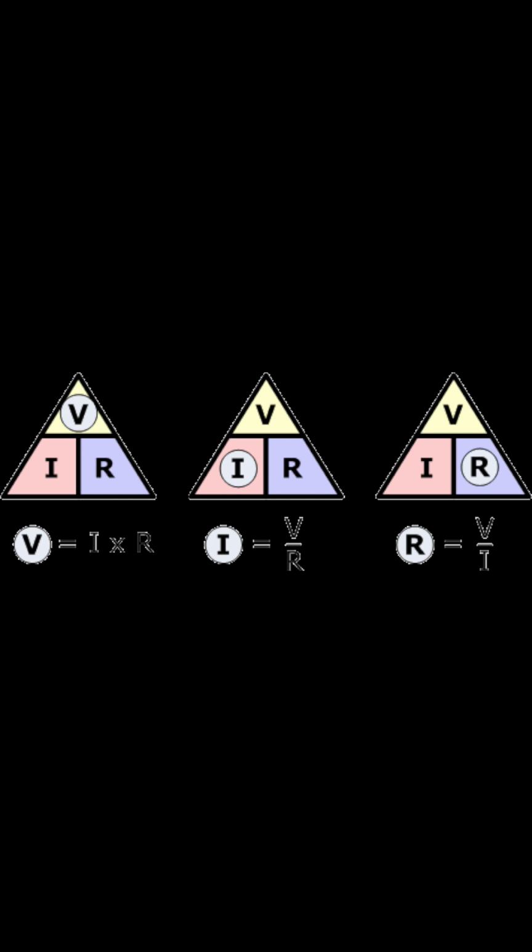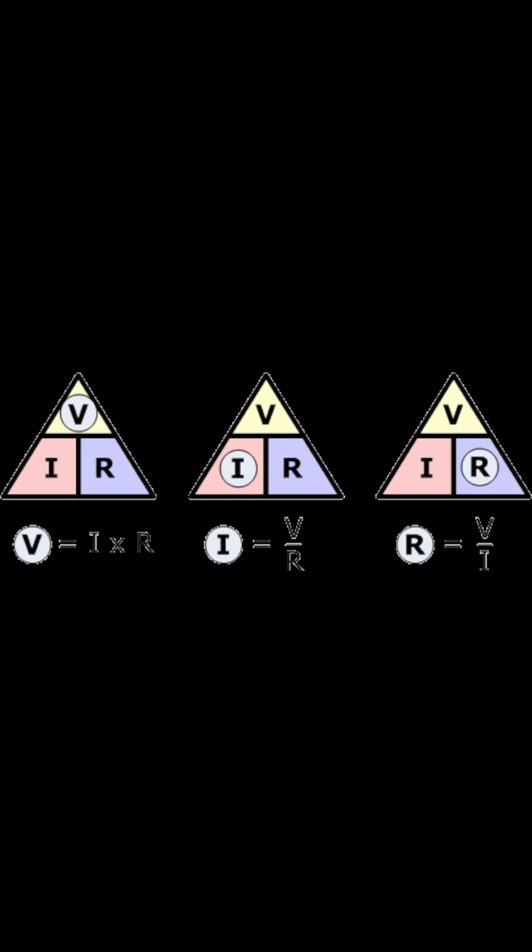The voltage connected to this circuit is 100 volts. E equals I times R. Therefore, E equals 2 times 50. Therefore, E equals 100.